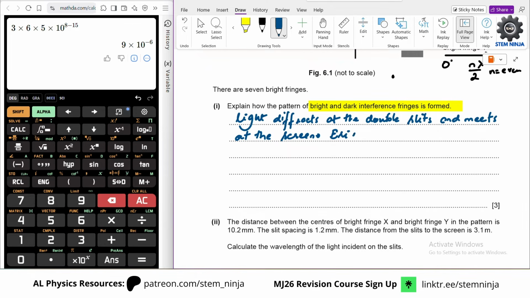Bright fringes are formed when the light, we forgot about the superposition, superposes to create an interference pattern.